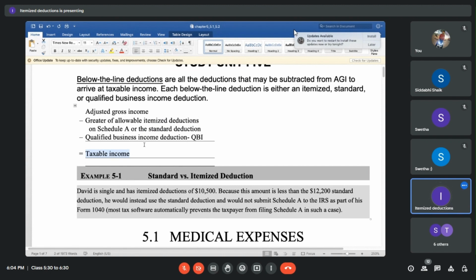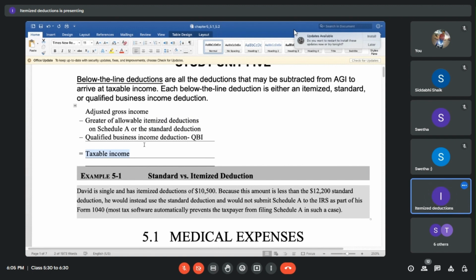Whenever we say credits, credit is a direct reduction of tax liability. So for example, if tax liability is $10,000 and there is a $2,000 credit, that means the liability comes down to $8,000.